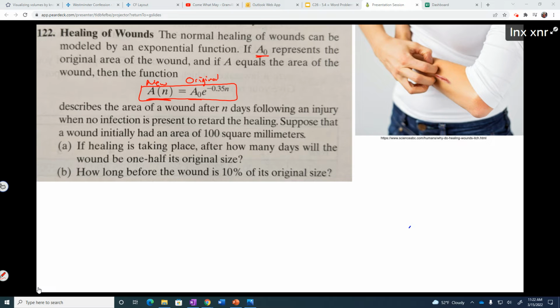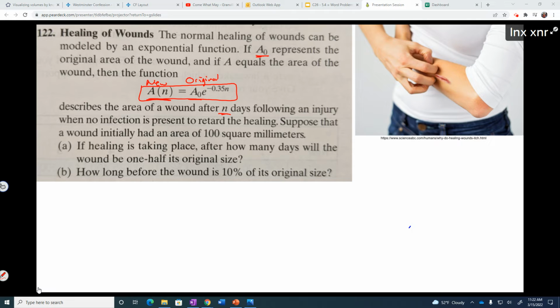We're just talking about wounds, and for whatever reason, A is representing the area. All right, so this equation describes the area of a wound after n days. So n represents the number of days following an injury, assuming there's no infection present to make the healing not work as well.